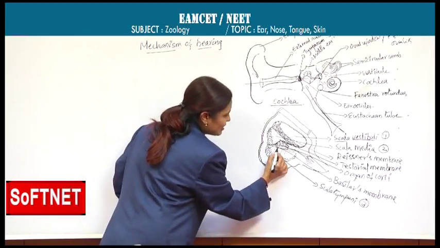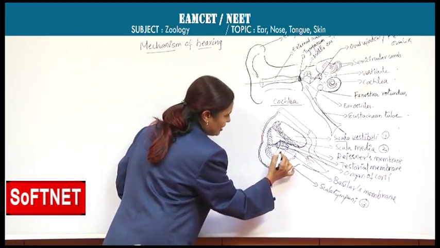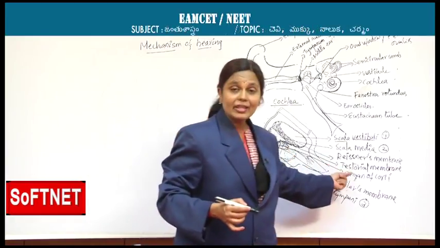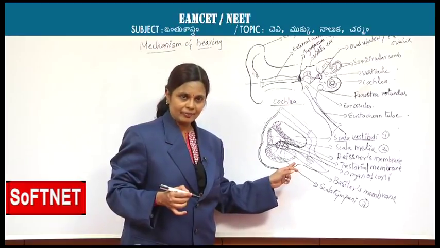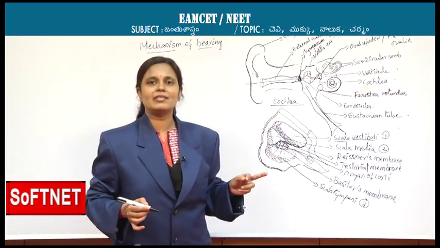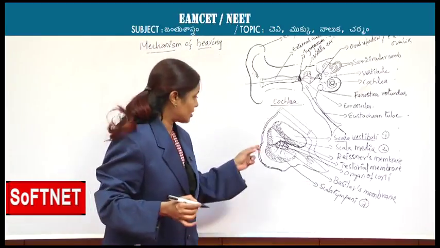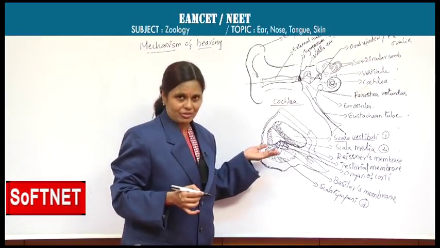Now, the hairy cells are pressed against the so-called tectorial membrane, which is covering the organ of Corti. Now, this tectorial membrane is an elastic membrane that can be stretched, right?